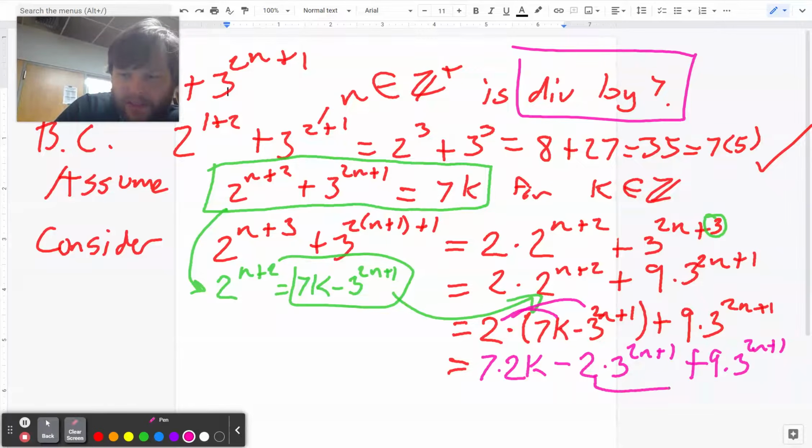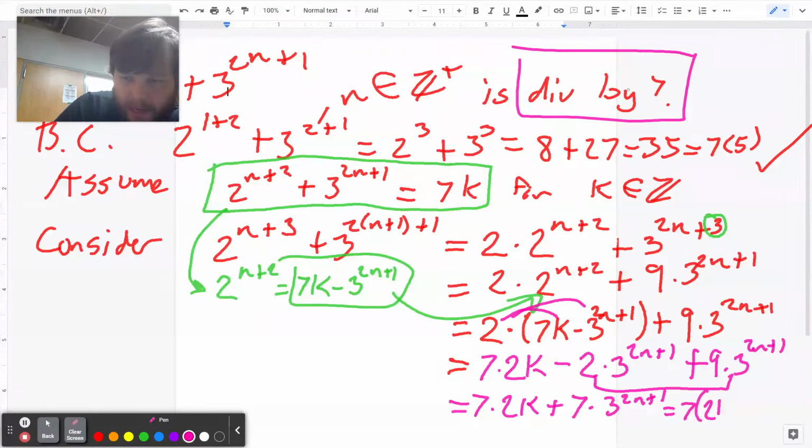And then these two things are like terms. So now we have 7 times 2k plus 7 times 3 to the 2n plus 1, which is 7 times an integer.